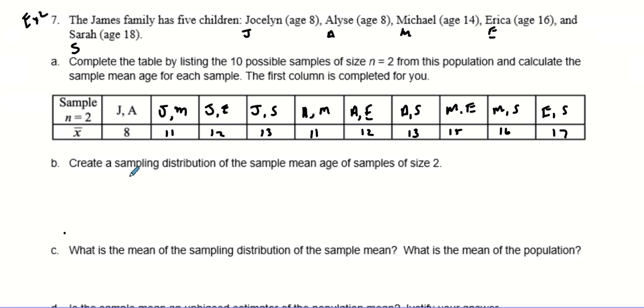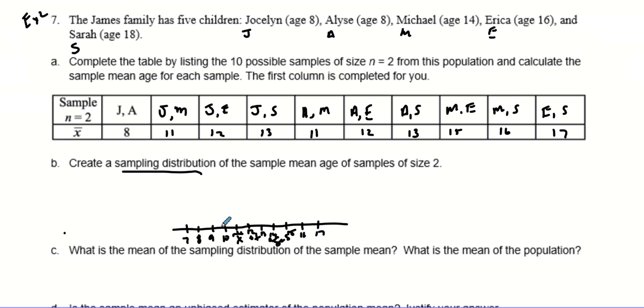Now we're going to create a sampling distribution. Now a sampling distribution is of the sample means, and so this is going to be the average of the ages. Okay, and we'll start over here going 7, 8, 9, 10, 11, 12, 13, 14, 15, 16, and 17.